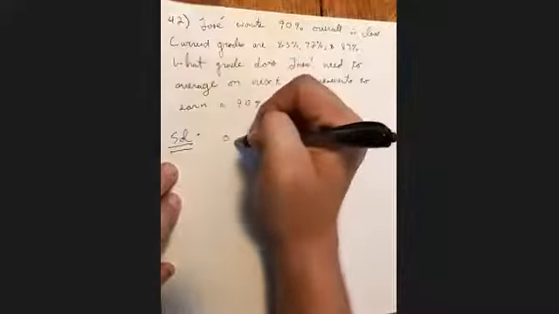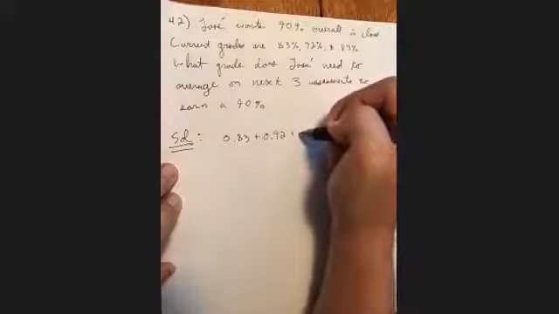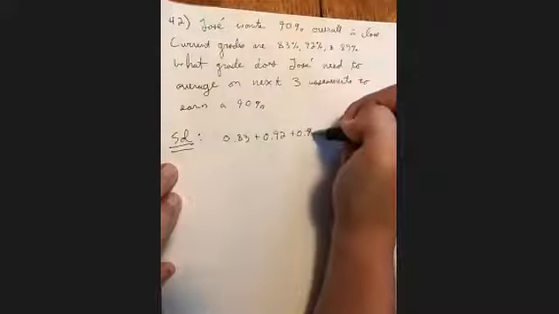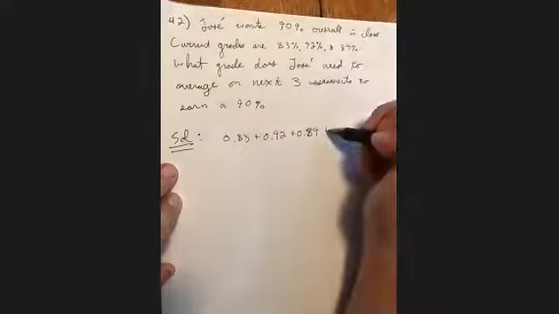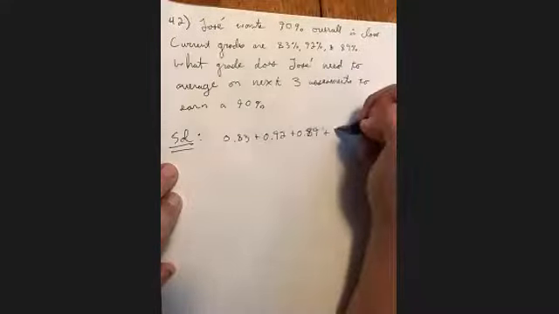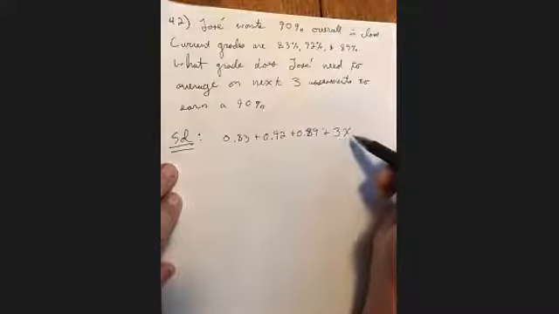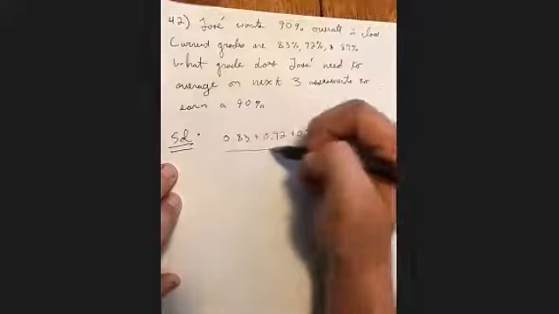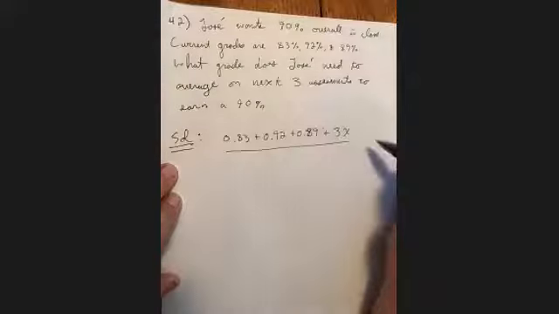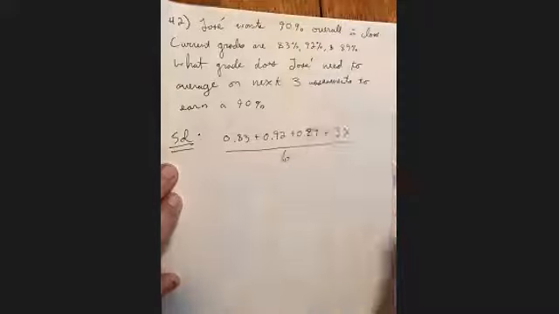So I put down 0.83 plus 0.92 plus 0.89 from the 3 grades already. And then I'm going to add 3 more values, but I don't know what those values are. So it's going to be 3 times X, because there are 3 new grades. Overall, there's 1, 2, 3, 4, 5, 6 assessments.